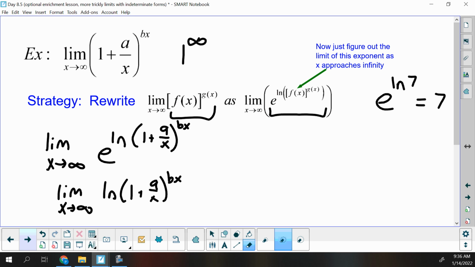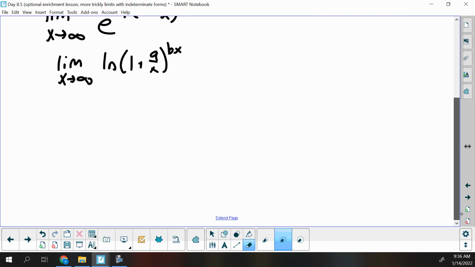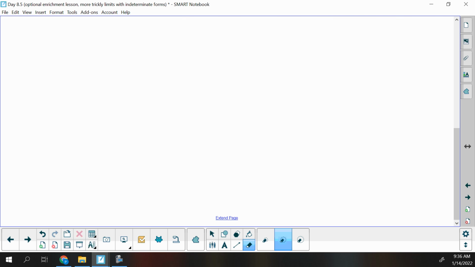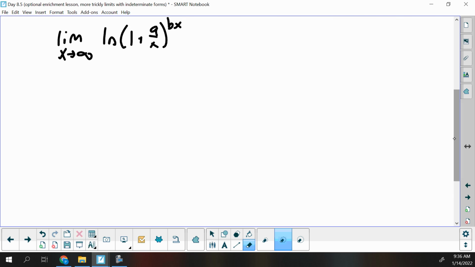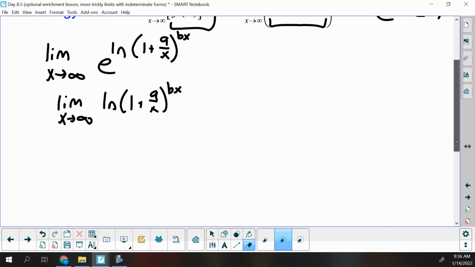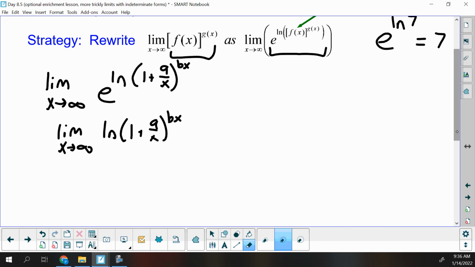So if we get that this limit is 14, then our answer is actually e to the 14. What I like to do with these is go down a little bit and write at the end e raised to, as a reminder: don't forget to put it back with an e, because it's easy to forget that.